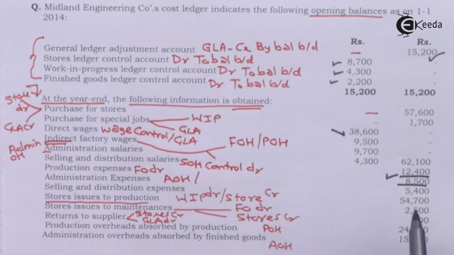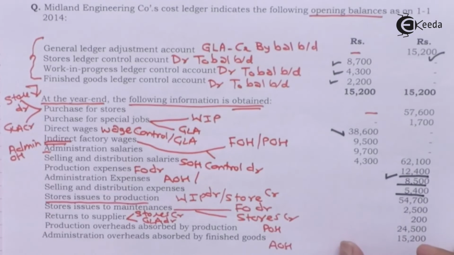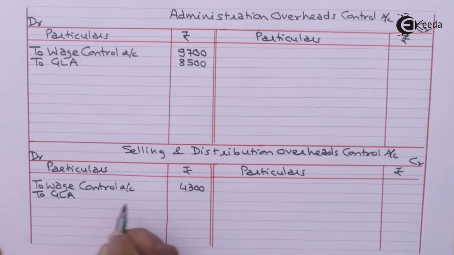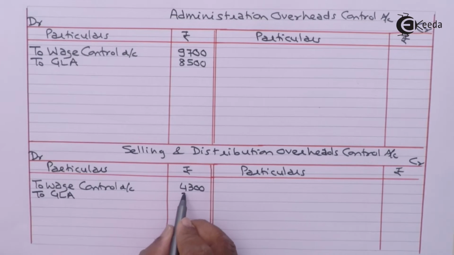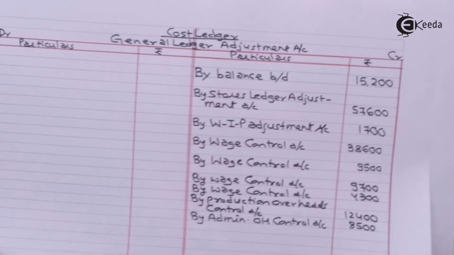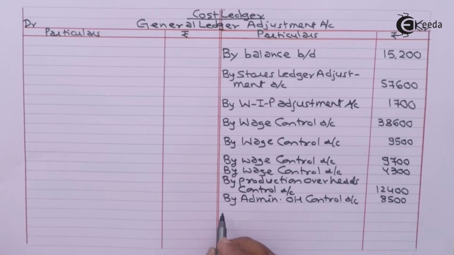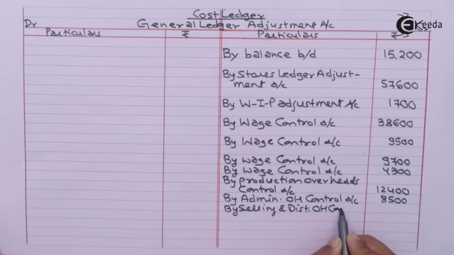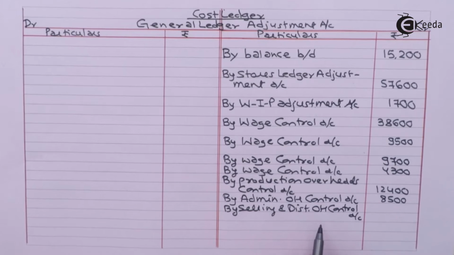Selling and distribution expenses 5,400. Here on debit side it will be recorded to GLA 5,400. To the credit of GLA will be recording by selling and distribution overheads control account 5,400.